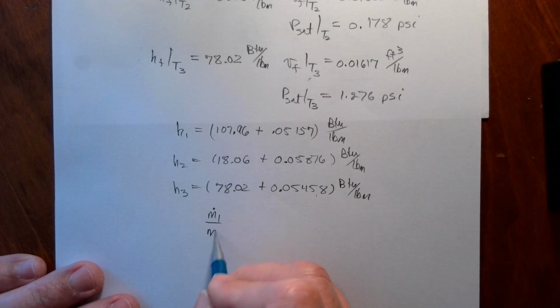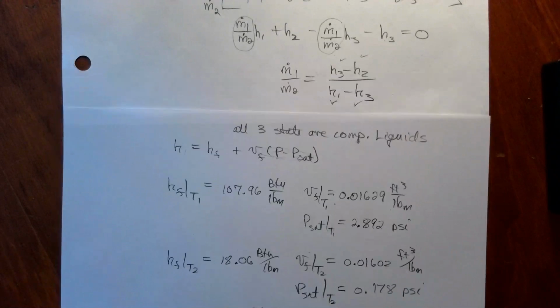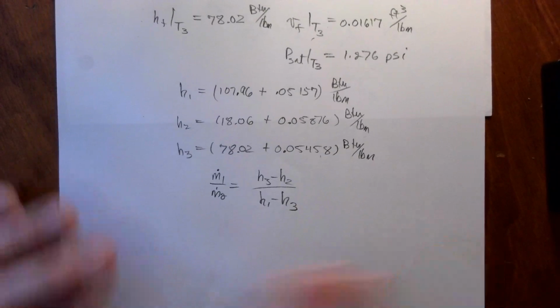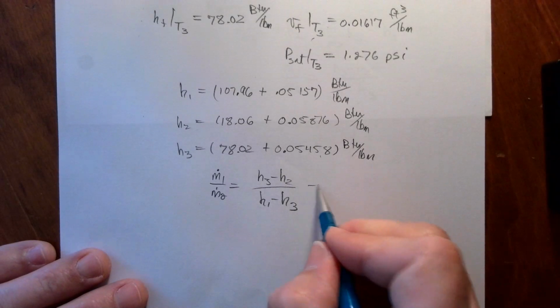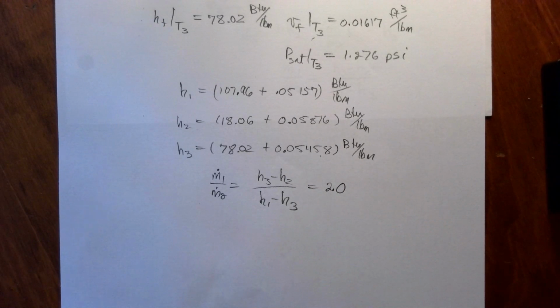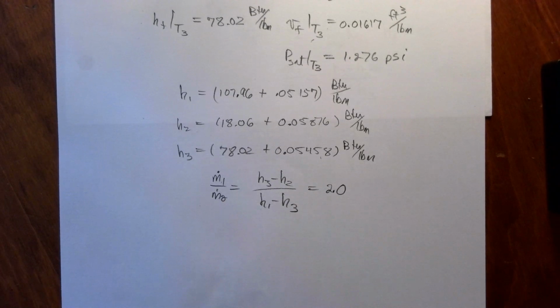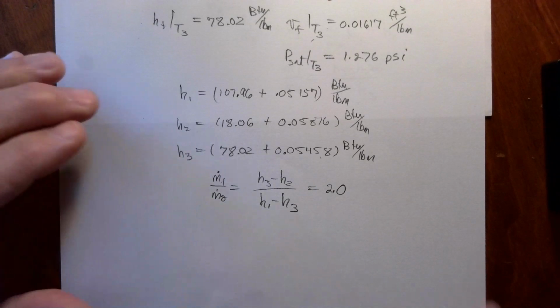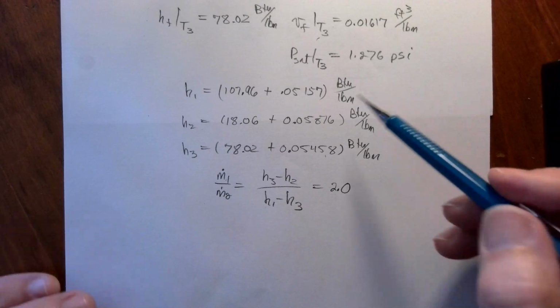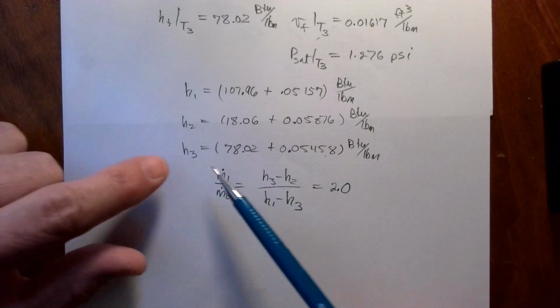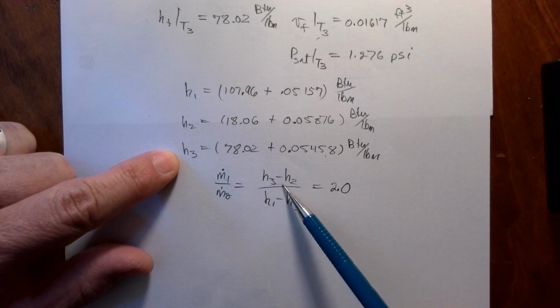If you remember, m1 over m2 was equal to H3 minus H2 divided by H1 minus H3. This comes out to be 2.0. So we need twice as much hot water as cold water in order to achieve our 110 degrees. But notice that if we take these values and substitute into this formula, we're evaluating H3 minus H2 here.